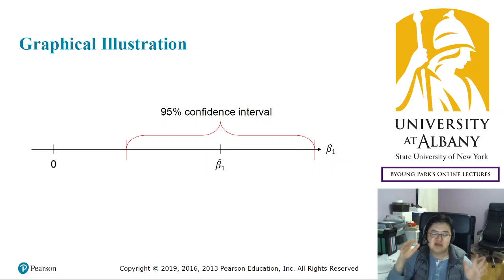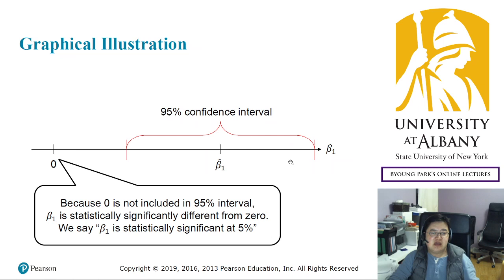Why is it 95%? It is your choice. You may use 99% or 90% or any other percentage, but the standard is 5%, 95%. Anyhow, you get one point, but you have to think about the possibility of potential errors, plus or minus a certain amount, and then you get a confidence interval.